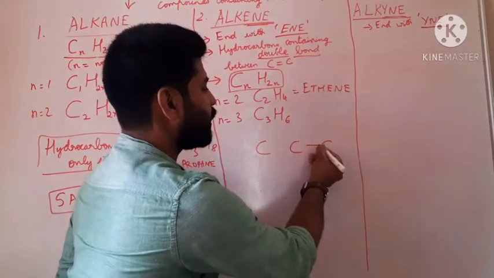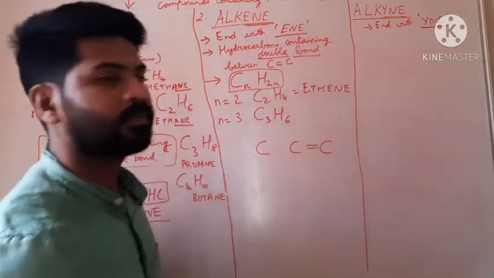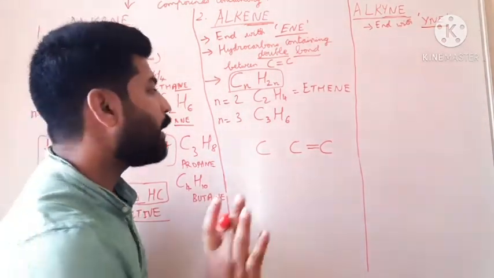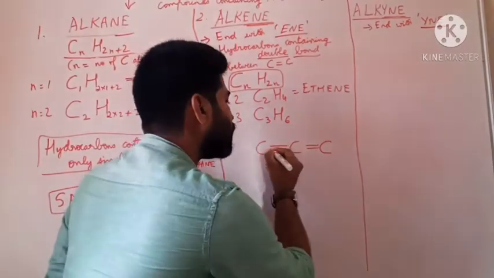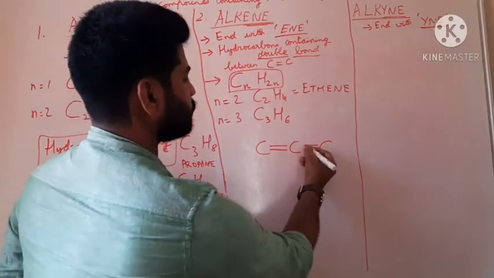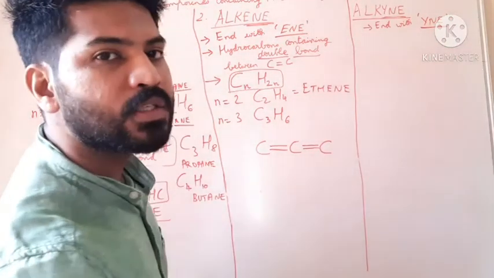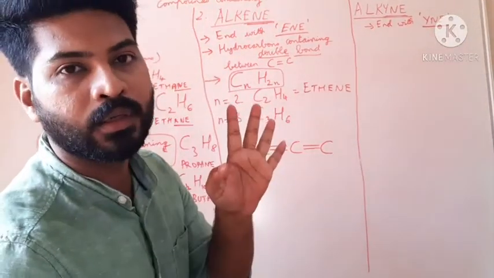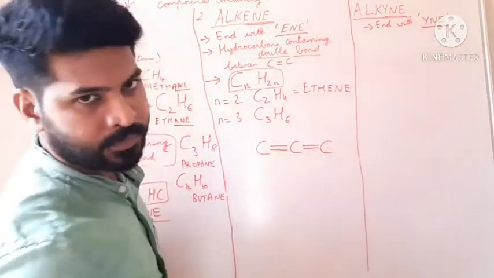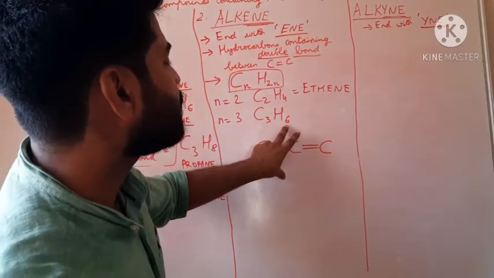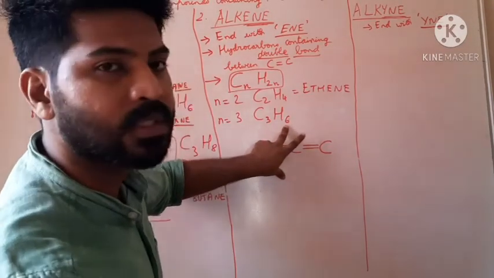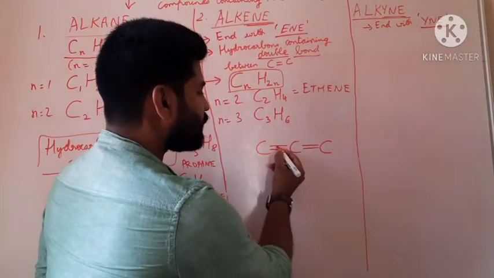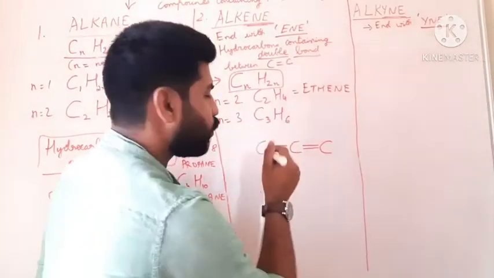So let us say I put a double bond here, and just to show you, I am putting another double bond also here, because you know alkenes should contain a double bond. They should contain at least 1 double bond. So I am putting 2 double bonds, and next we have to add 6 hydrogen atoms. Can we write the structure? This carbon valency is already 2. It needs 2 more.